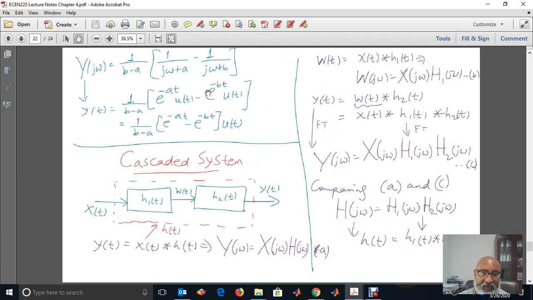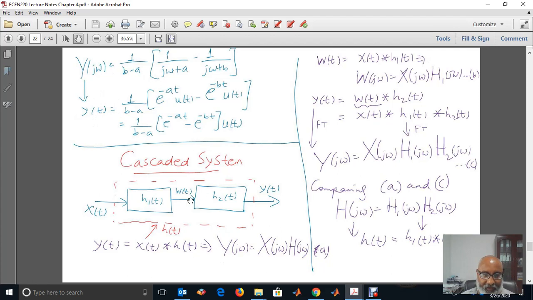After that, we can change it to time domain again. This is e to the power of minus at u of t and e to the power of minus bt u of t. Okay, so this is the way to solve it using frequency domain and changing to time domain.